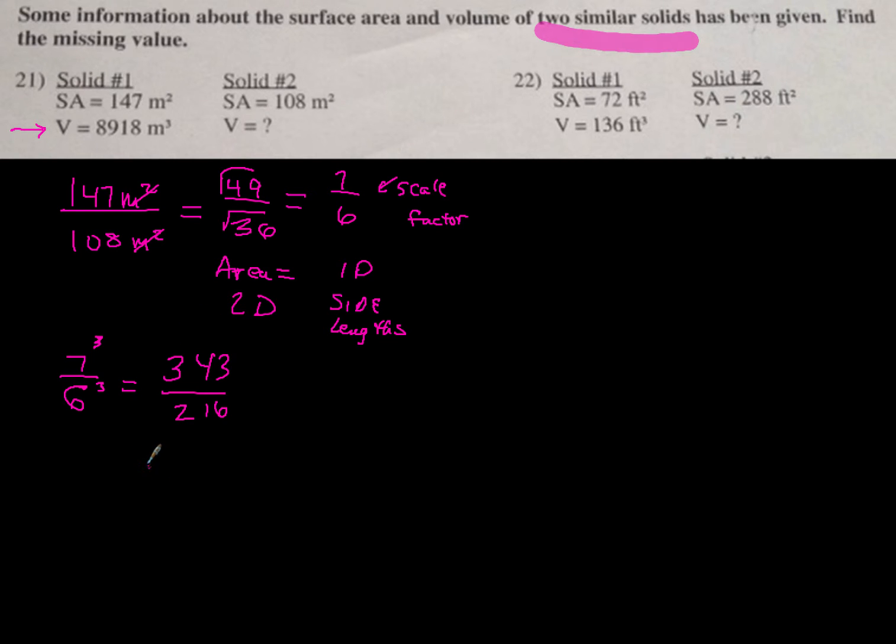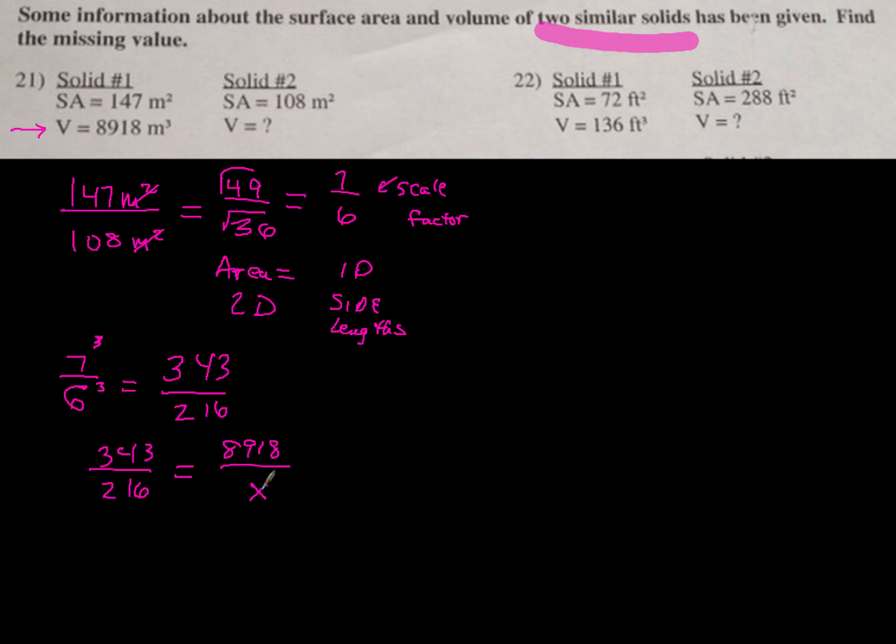We set up this ratio of 343 over 216. 343 deals with the first solid, and 216 deals with the second solid. We're going to set that ratio equal to 8918 over, well, I don't know what the volume of the second figure is, so we'll just use x.